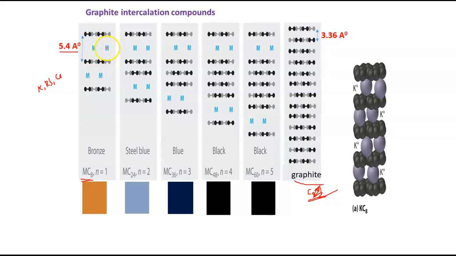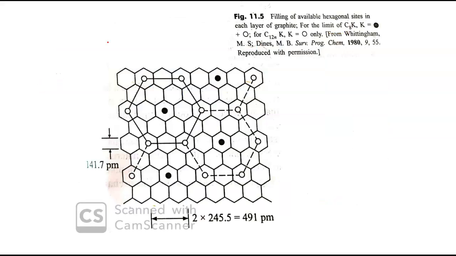So the spacing between the metal atoms within a layer is twice the spacing between the centers of graphite hexagons in the graphite layers. That can be explained using this particular diagram. You can see the spacing between the metal ions within a layer is twice the spacing between the centers of each of the graphite hexagons.